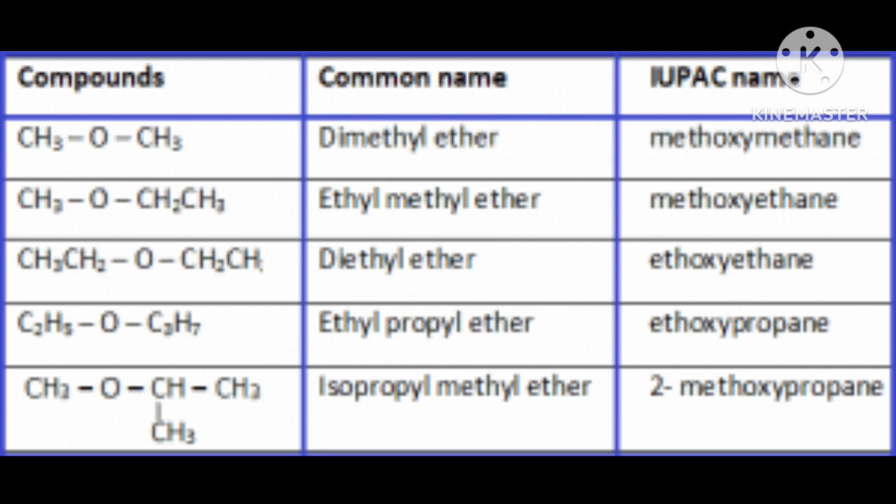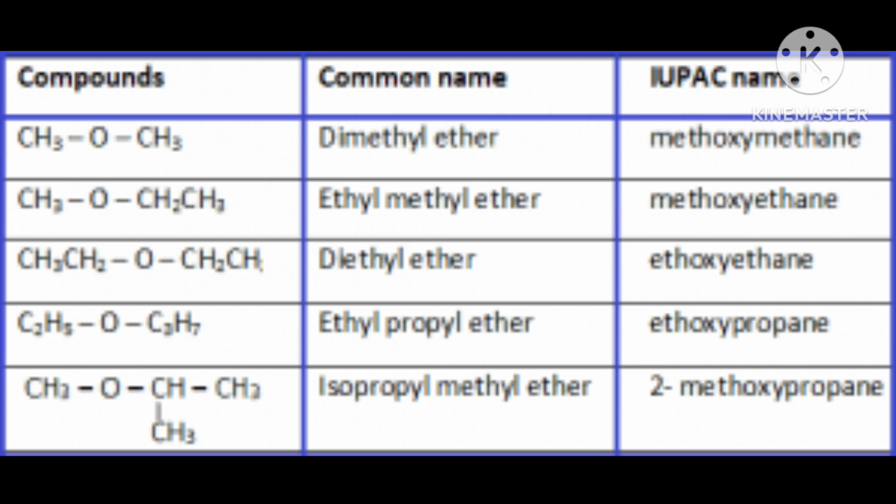And what is the IUPAC name? Again it is very easy, benzene-1,4-diol. So I have discussed the nomenclature of alcohol and phenol.